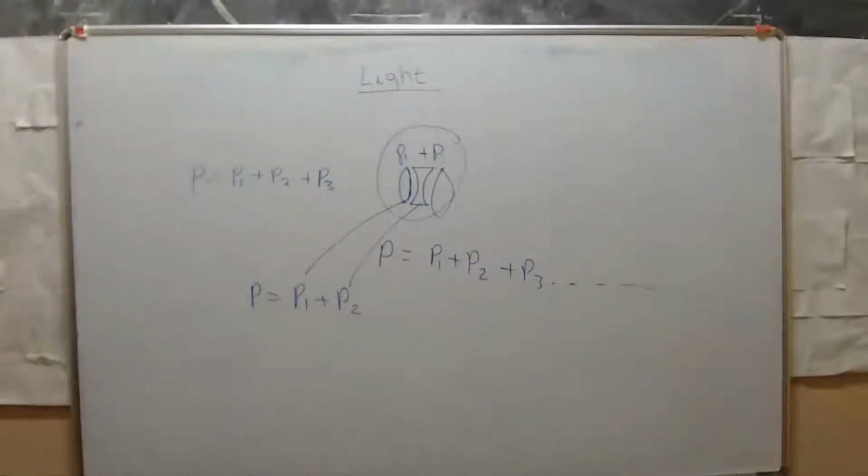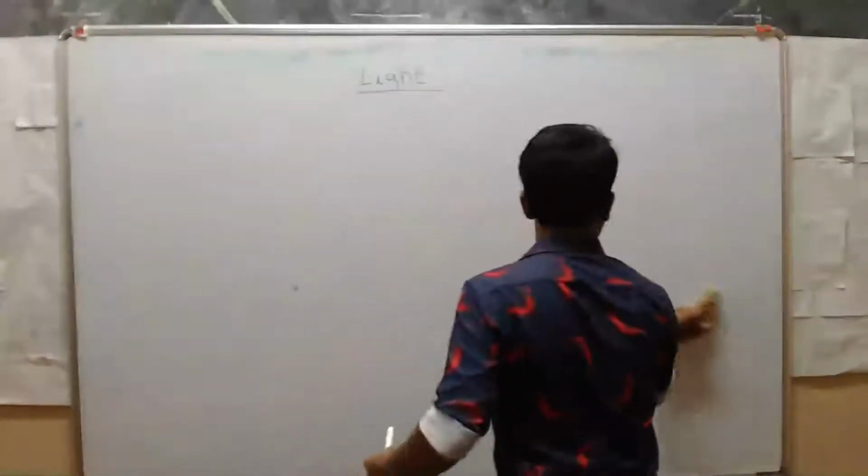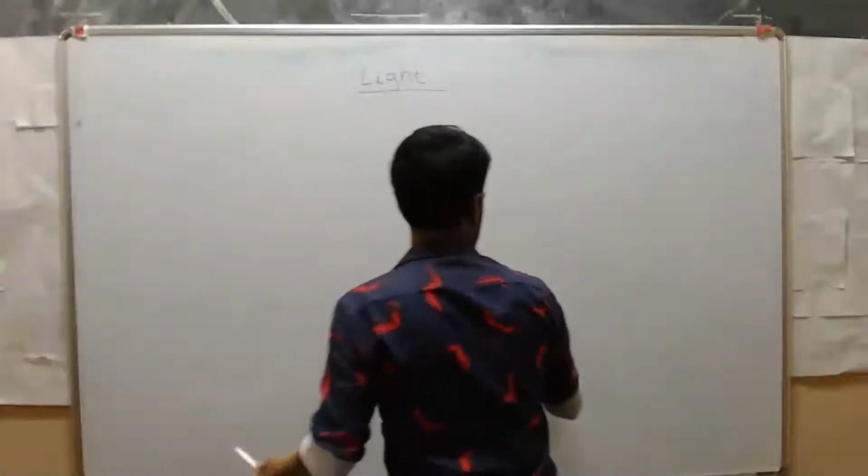So now we will discuss some problems related to power of a lens. See here, first one.